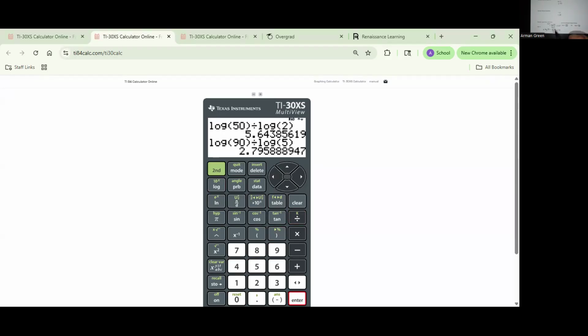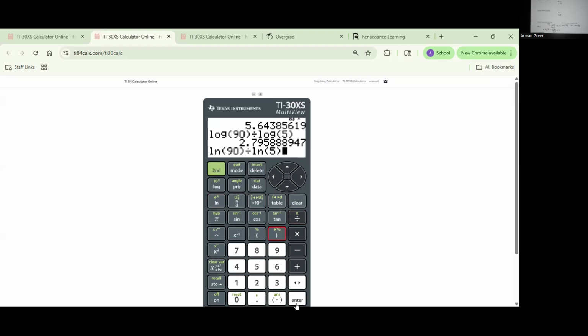Now, we used logarithm for both of these examples. What if we decided to change it up? What if we used the natural log? Meaning, what if I did natural log of 90 divided by the natural log of 5?